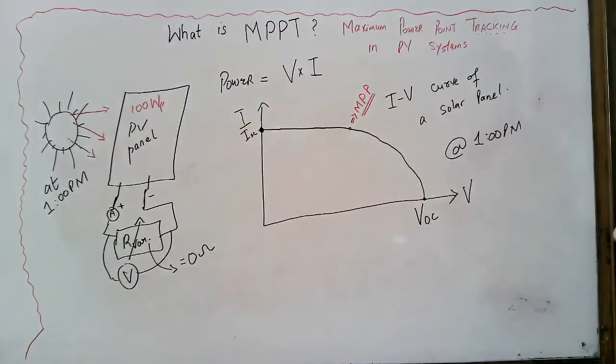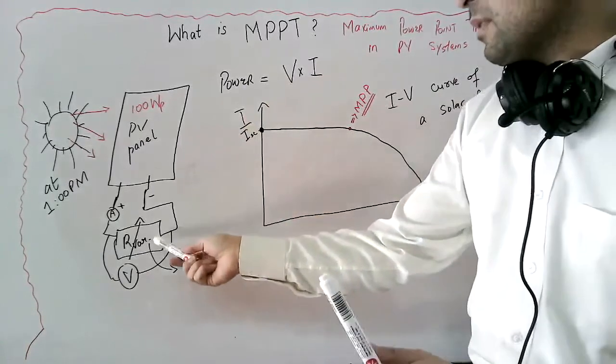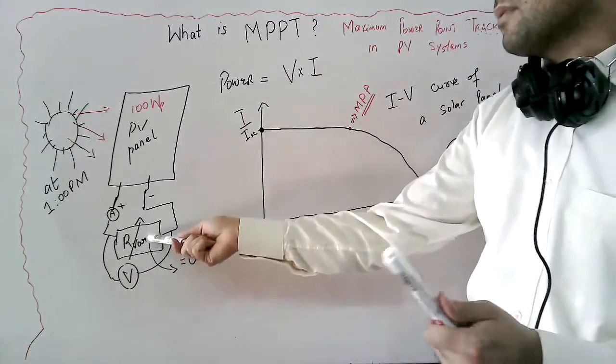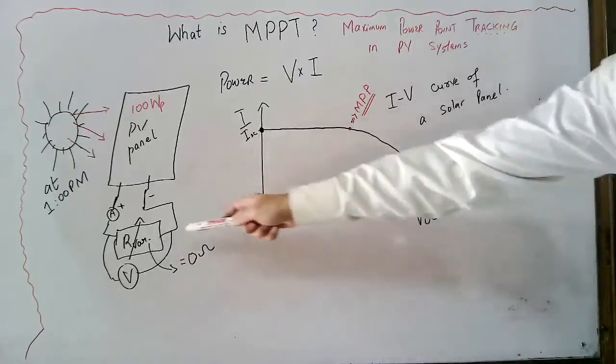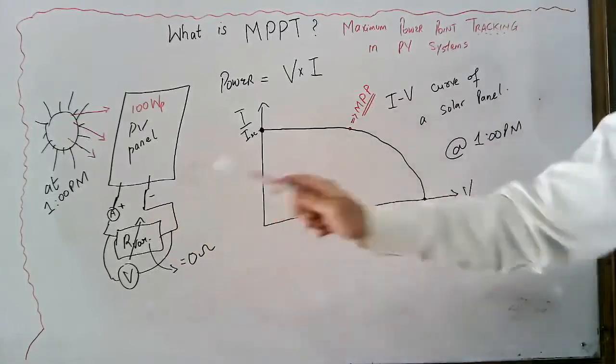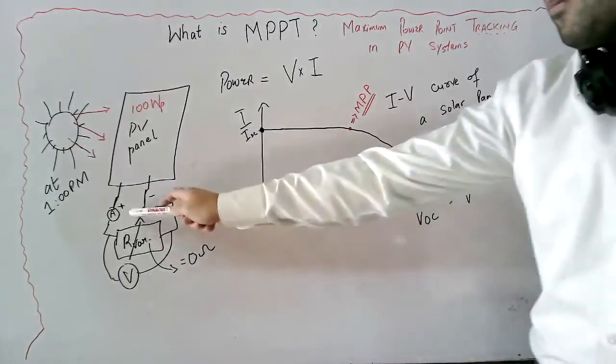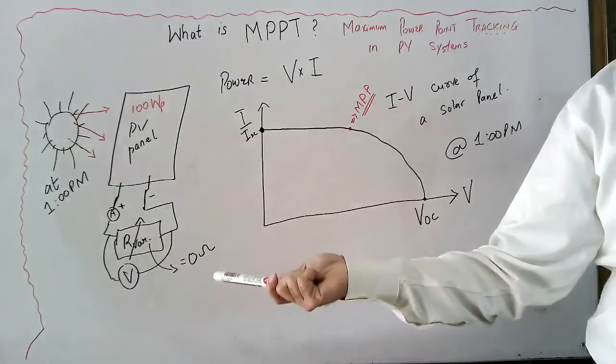Now look. If the resistance is much lesser, there is a high current, but the voltage across that resistance is less. It means that the power at that instant is less.